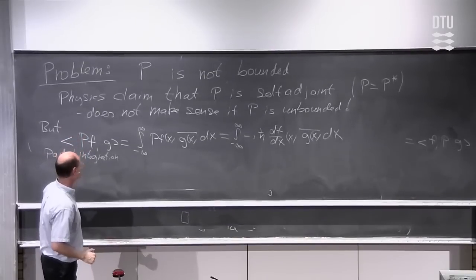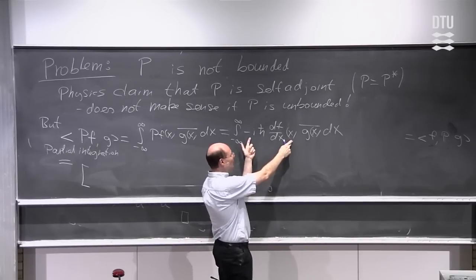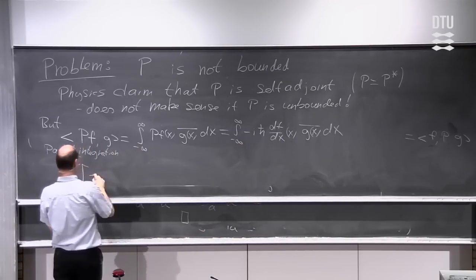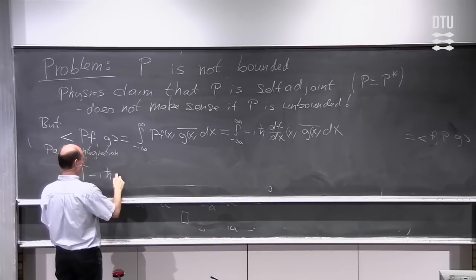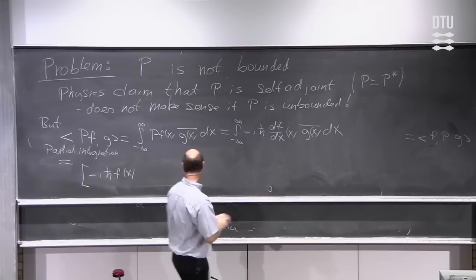So what comes out then is a term that says you need to take the integral of this, which is then minus i h bar f of x times the second function, which is just g of x complex conjugated.